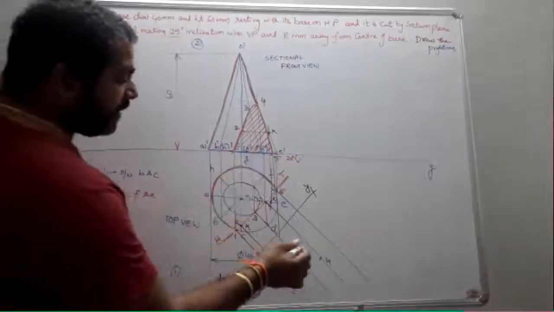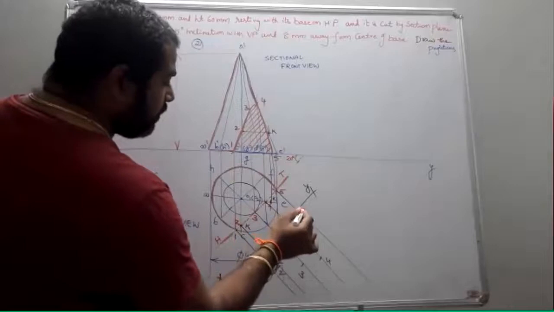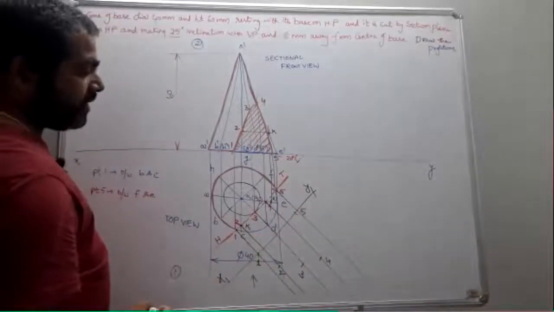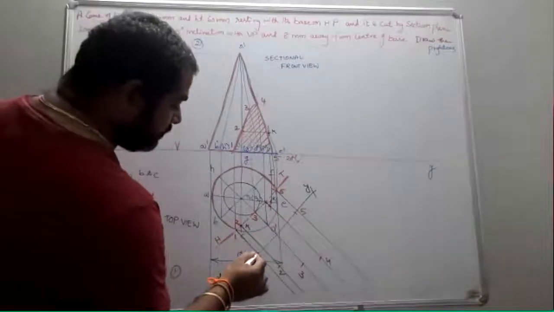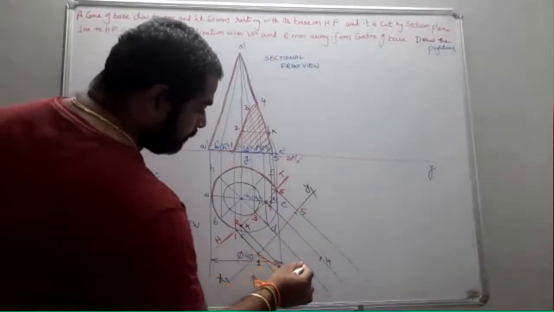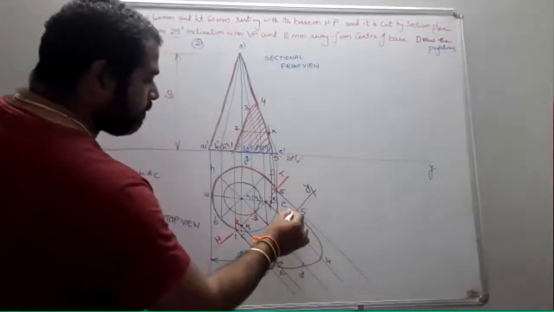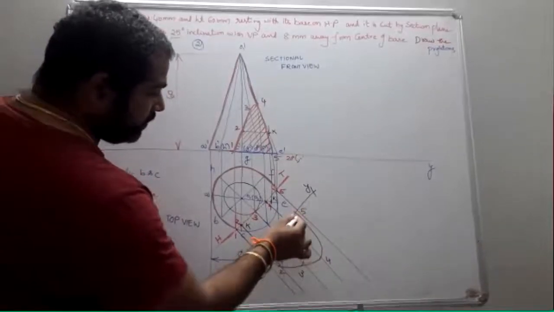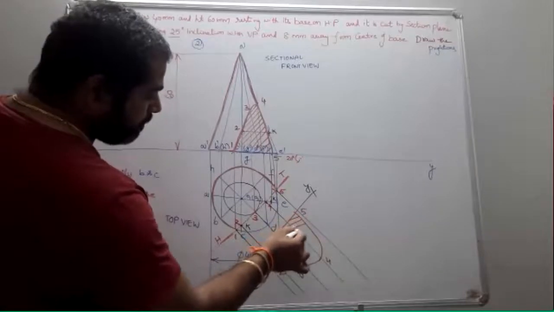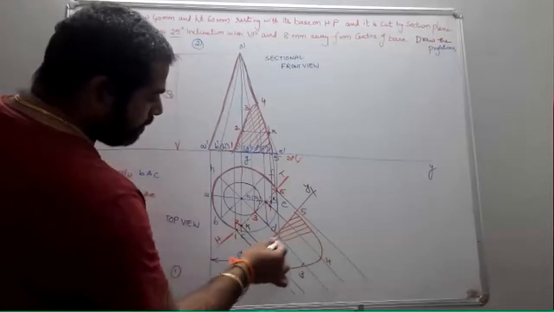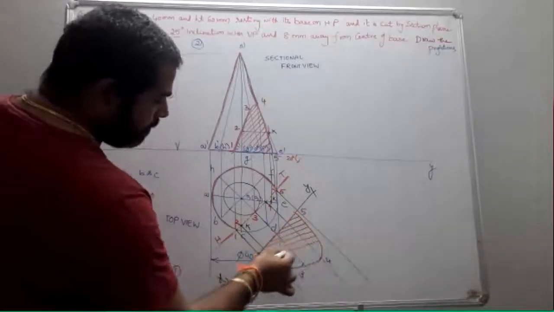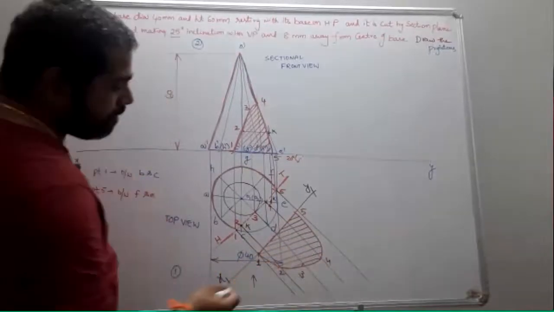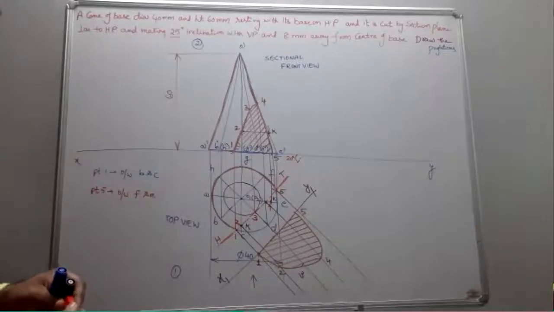Next, here is 5, again on xy. So that becomes here. Okay, so this is obtained, and this becomes your true shape.